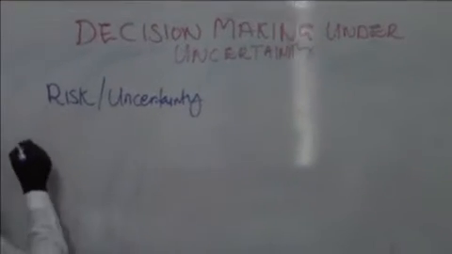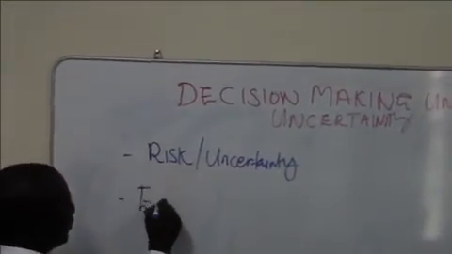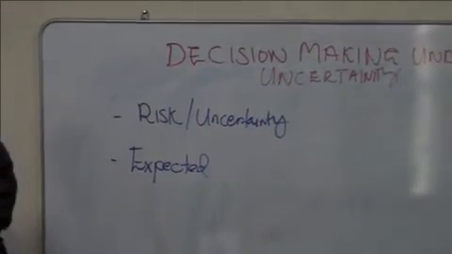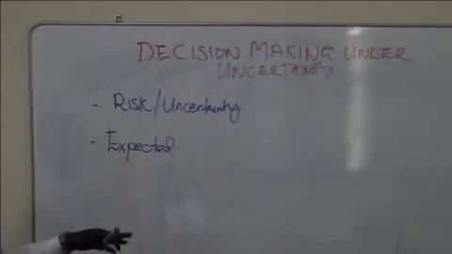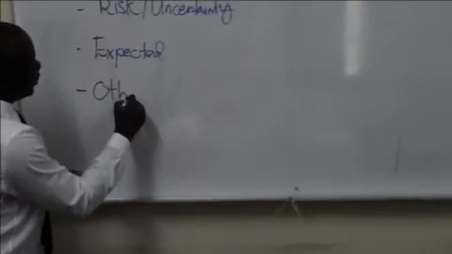Then after that, we're going to look at something known as expected values. We need to know what expected values are, and at the same time we need to be able to calculate an expected value. Then finally we're going to look at other decision rules.